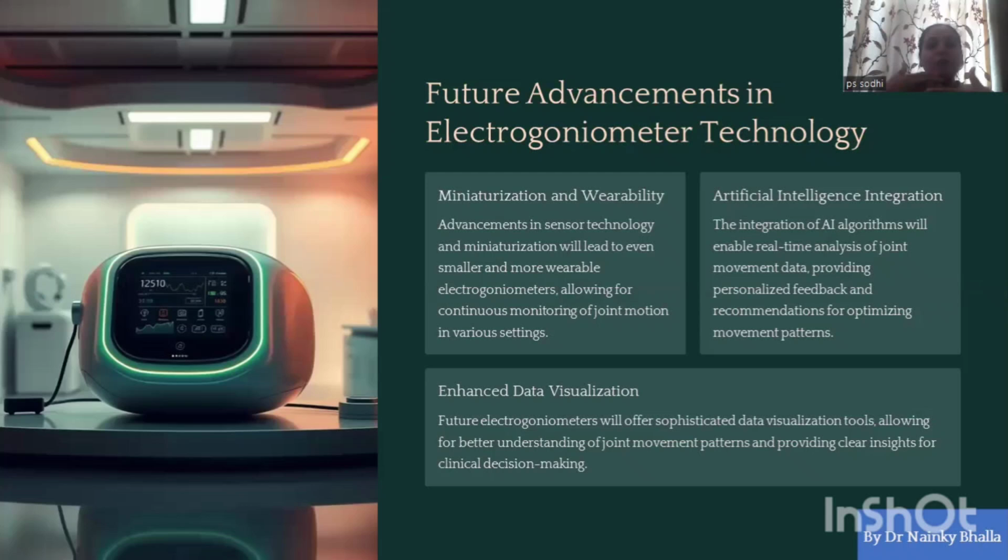So there should be future advancement in electrogoniometer technology, where these setups integrate AI algorithms and real-time analysis of data, so that the patient can use it at home, visualize this data, and correct his posture and his joint position, and it should be very much wearable. Like we have smartwatches and smart rings, they keep on assessing our data and keep on telling us. So this is a very good way of future advancement in electrogoniometers.